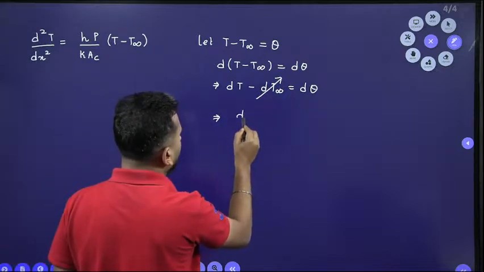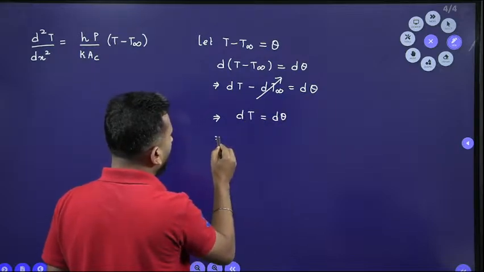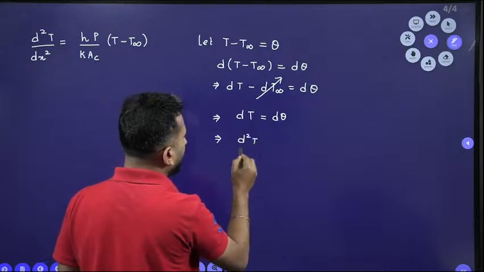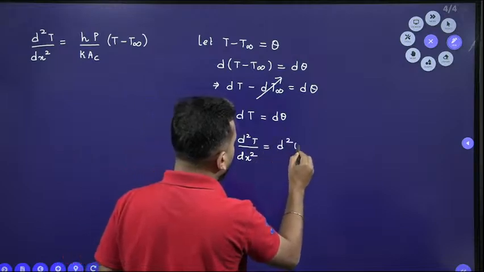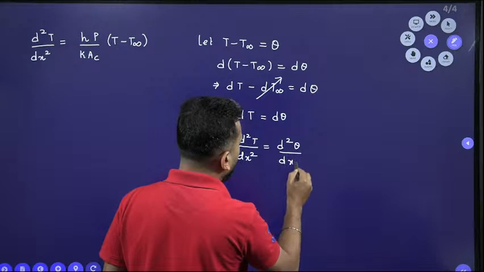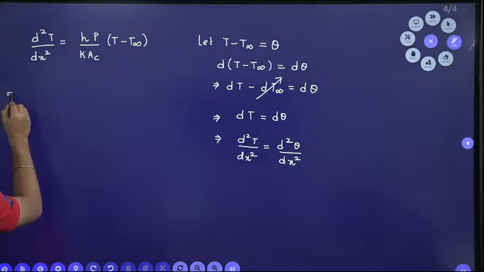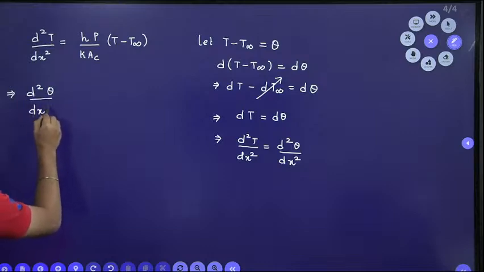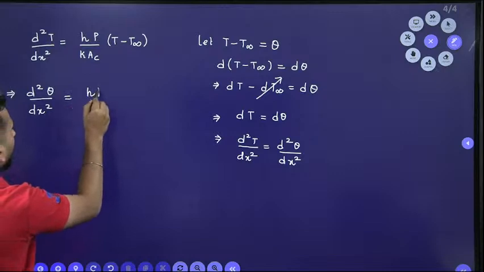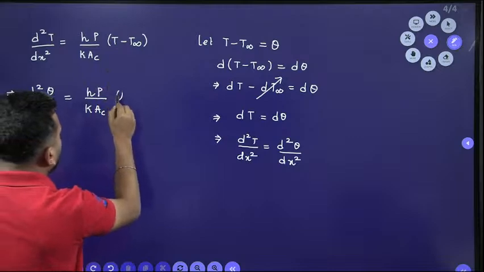And then I can write dT is equal to d theta, and therefore I can also write d2T by dx square is equal to d2 theta by dx square, right. So using these substitutions, I can write d2 theta by dx square is equal to h P by k A C times theta.